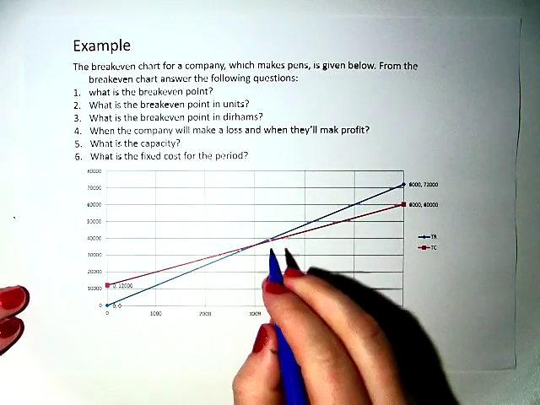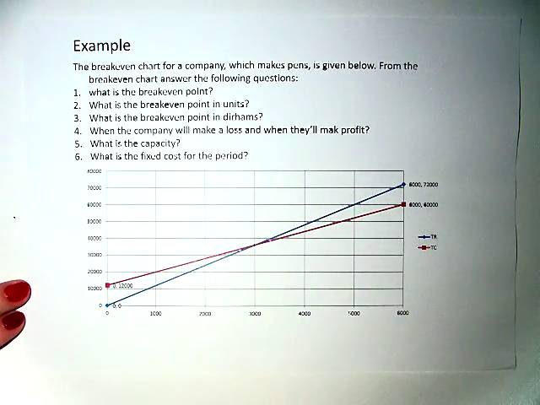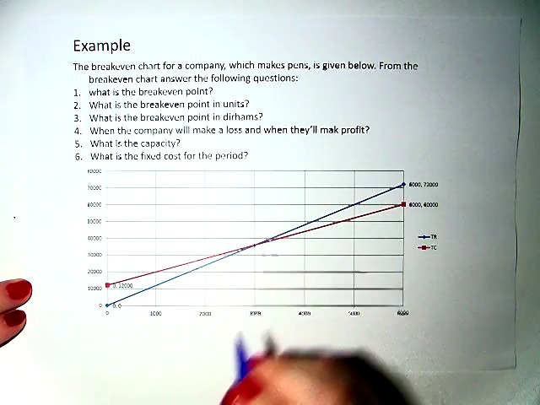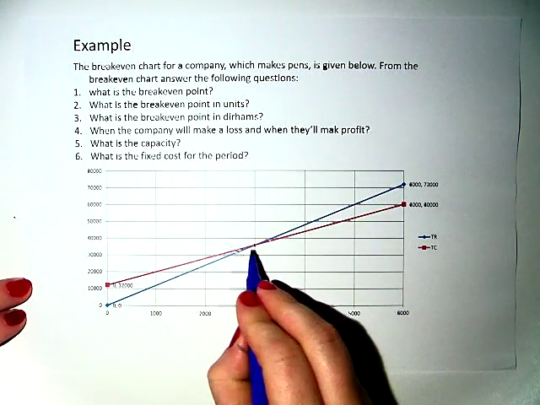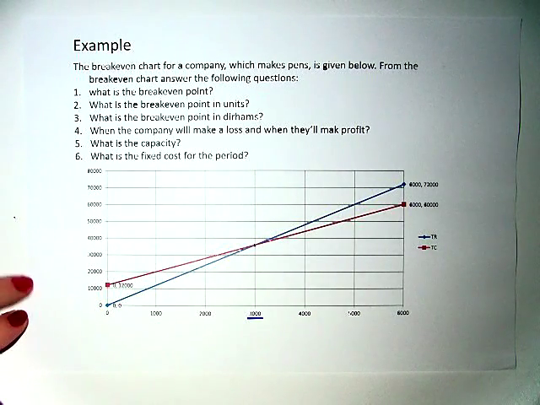Okay, we have to look at where the two graphs intersect, and they intersect right here. Now, this is a big deal because we don't actually know that point. We can see very clearly that it's 3,000, but we don't know the monetary value there. So we're going to look at some basic points.